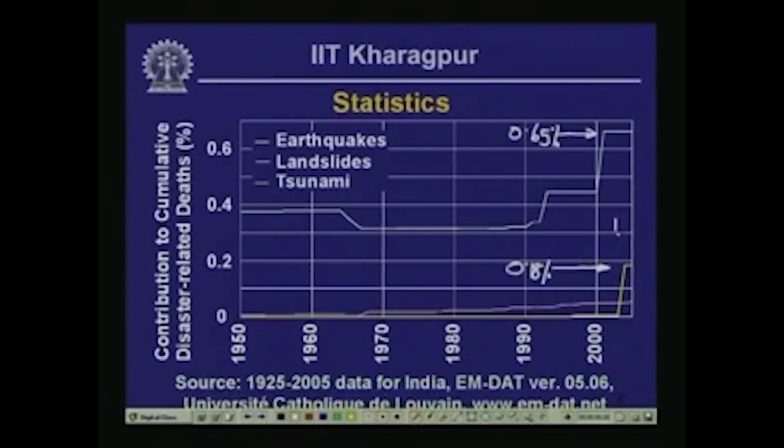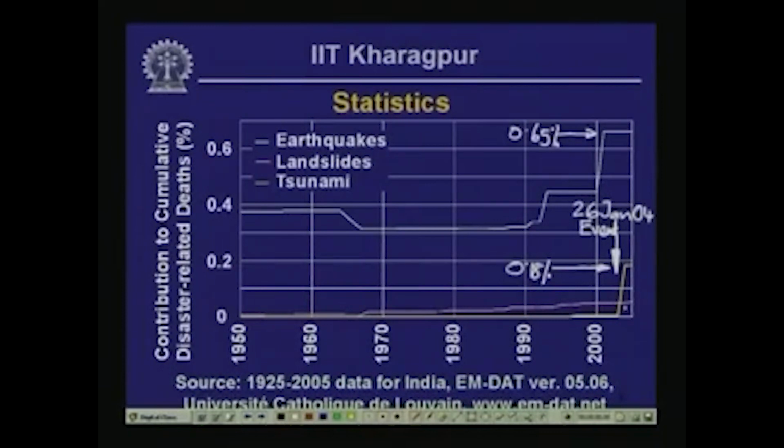You can see that there was a remarkable rise at this particular point, and before that tsunami was really considered to be a non-factor in the Indian context. This was the 26th December 2004 tsunami event near Sumatra and Andaman Nicobar Islands.